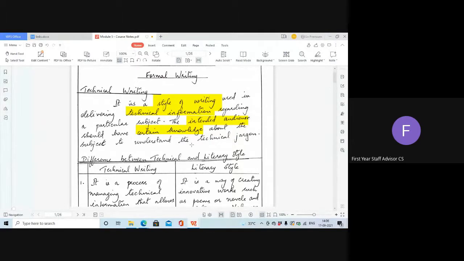So the user should be able to understand the technical jargons. Technical jargons are those words related to that particular area. When we come across electrical devices, the measurement of current will be in watts or horsepower, etc. So a person who is reading the manual should have certain knowledge about these technical terms, which we call technical jargons.